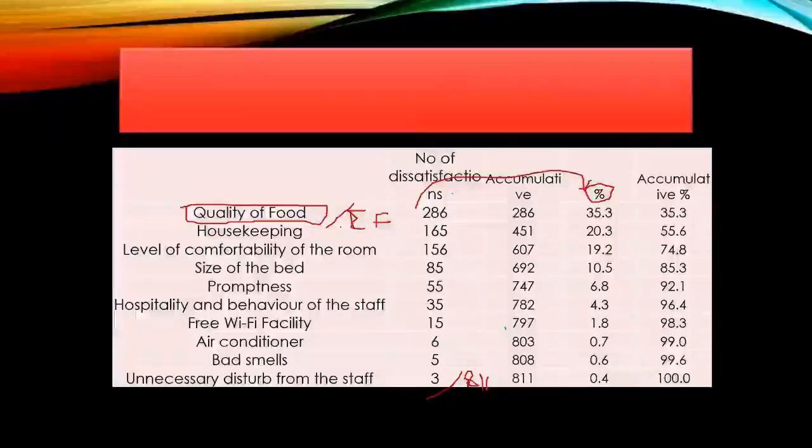Likewise, can you calculate for the housekeeping? Can you calculate for level of comfortability of the room?